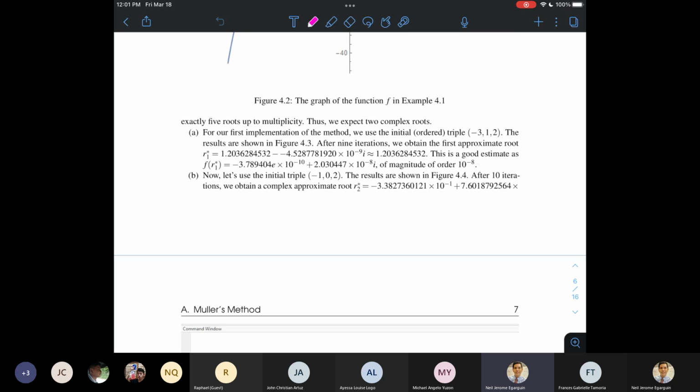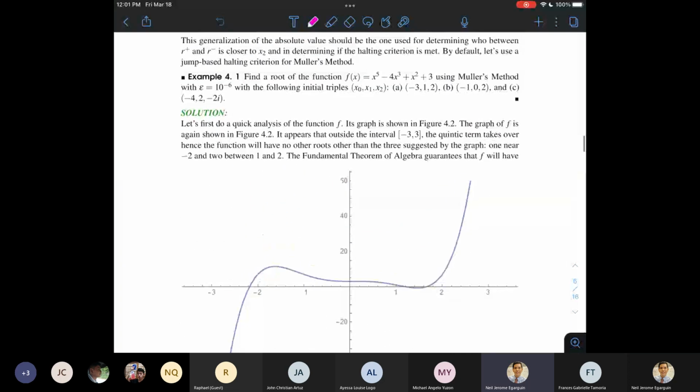Tandaan niyo ba? In that example, we have one function. So isa lang function yung kino-consider natin, and we're trying to find its roots because the promise of Euler's method is that it can give us complex roots. And it was a nice extension of the secant method, a very simple one, pero yung nadagdag niyang capability dun sa secant method is very profound.